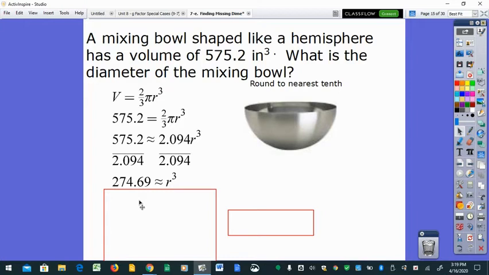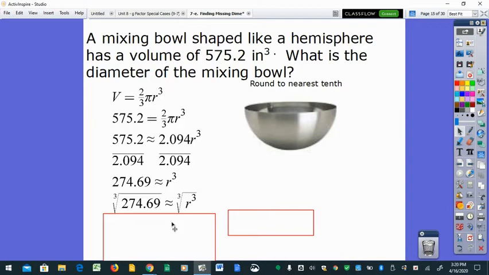That's not the radius of the bowl. That's the radius cubed. So to undo the third power, I have to take the third root of 274.69. I would pause the video right now, take your calculator, and try to take the third root of 274.69, and then we'll check it.